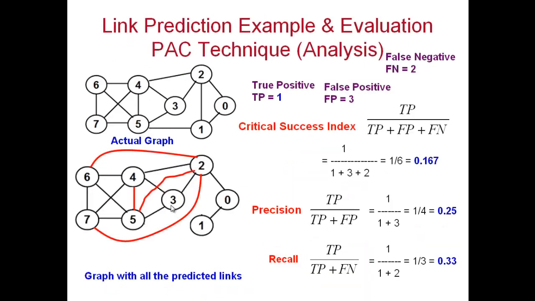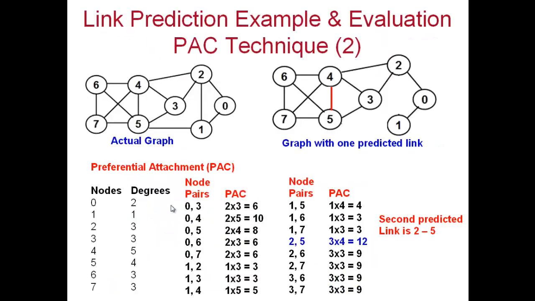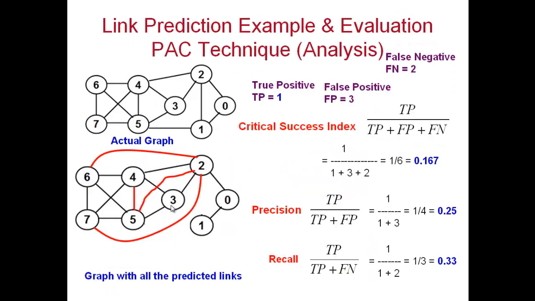Now let us look at the result of this link prediction technique. We are going to go through the process, but let me go through the final solution and illustrate how to come up with the values for true positives, false positives, and false negatives.